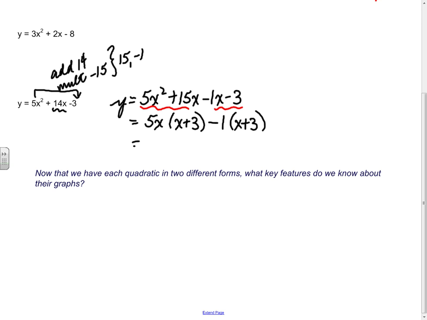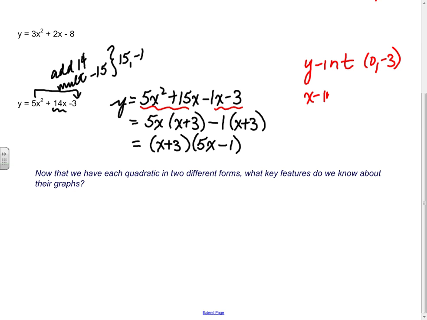Final answer then would be a greatest common factor of x plus 3. And if I multiply that by 5x and negative 1, I will get what I started with. From the first form, I know that my y-intercept is a minus 3. From my second form, I know that my x-intercepts are minus 3 and 1/5.